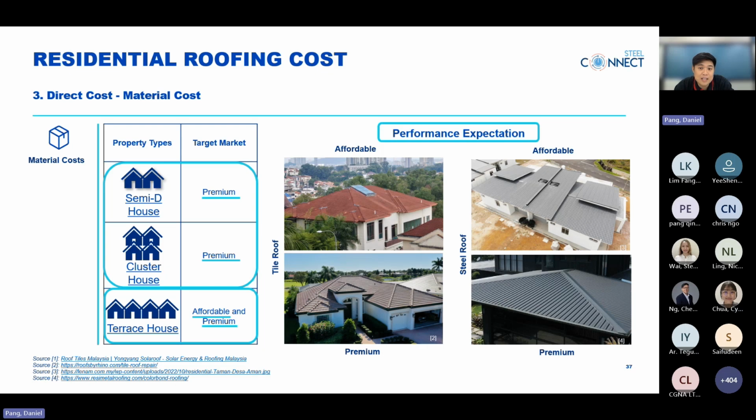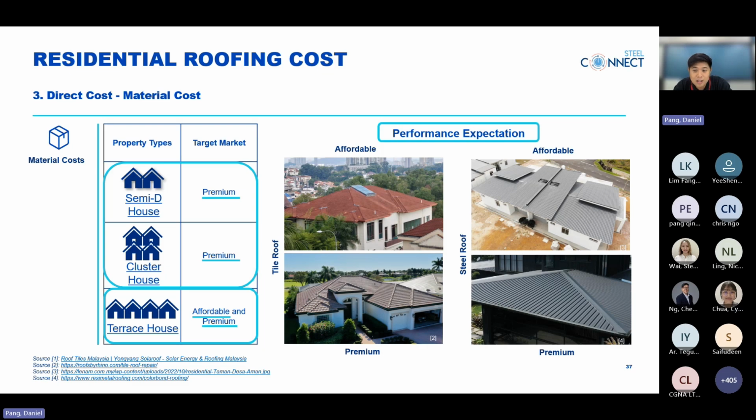So now let's look at tile roof and steel roof from a material perspective. For the affordable segment, tile roofs tend to have a very recognizable and traditional appearance, while steel roofs give a simpler and more utilitarian look. For the premium segment, both tile and steel roofing can deliver strong architectural character, just in a different way.